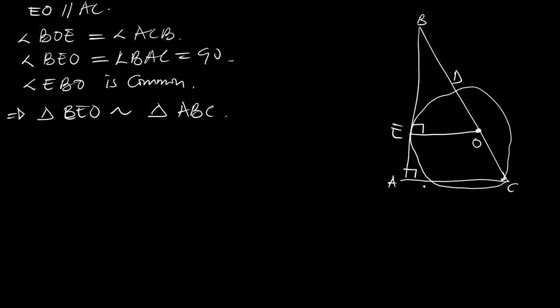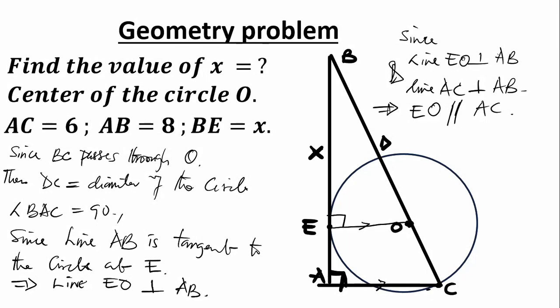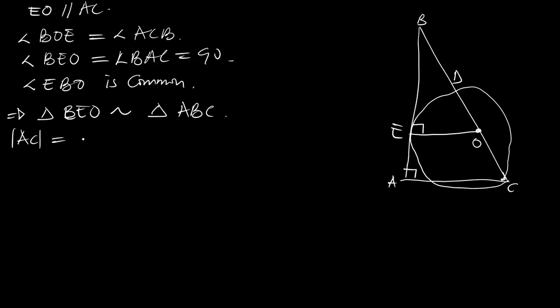Now, AC is equal to 6. AB is 8. So from here to here is 8, then from here to here is 6.